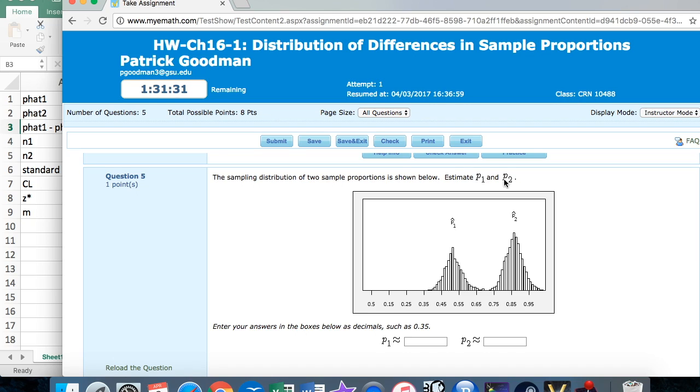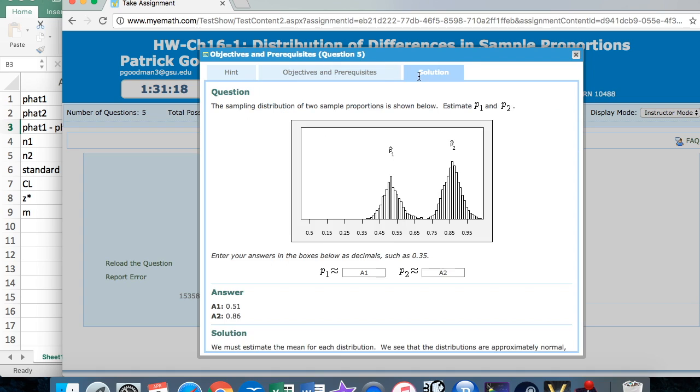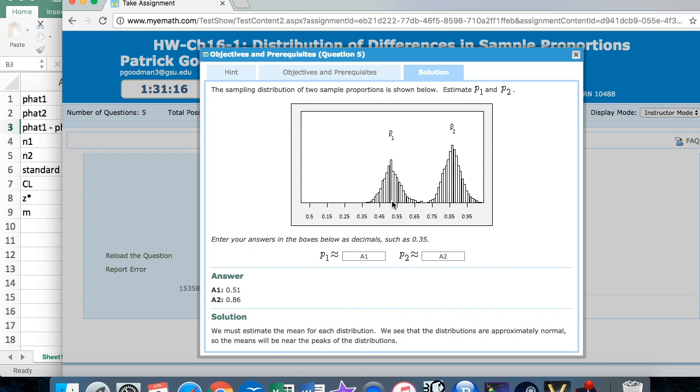Okay. And then the sampling distribution of 2 sample proportions is shown. Estimate this and this. Right? So if it's a normal distribution, you just throw it right in the middle. And this guy also is a normal distribution, just throw him right in the middle too. So it's right around that area, like 85%. Yeah, right here in the middle, somewhere between 0.45 and 0.51. So yeah, I'd say 0.51, right?